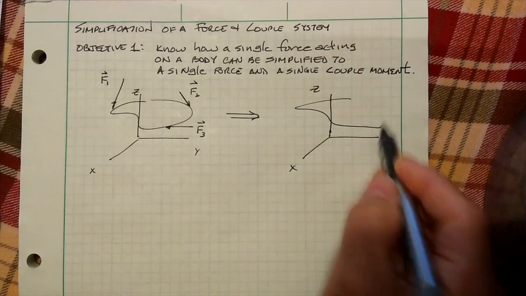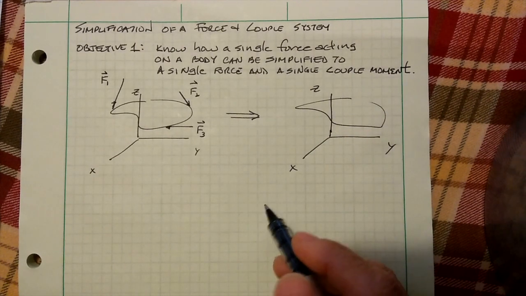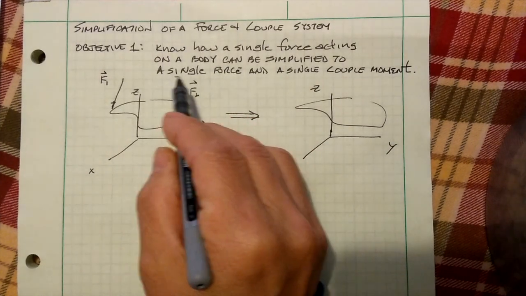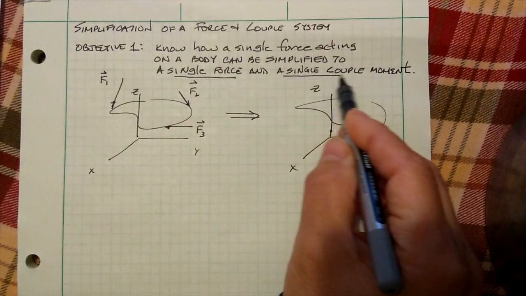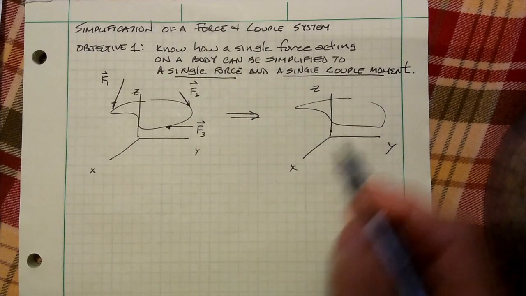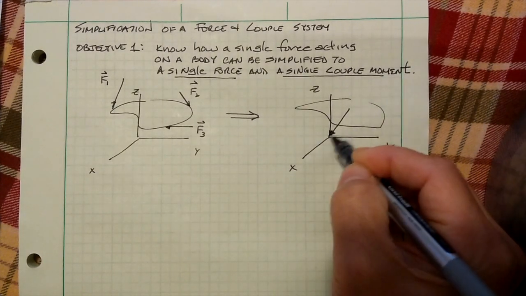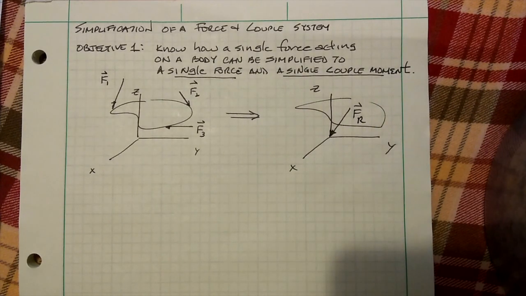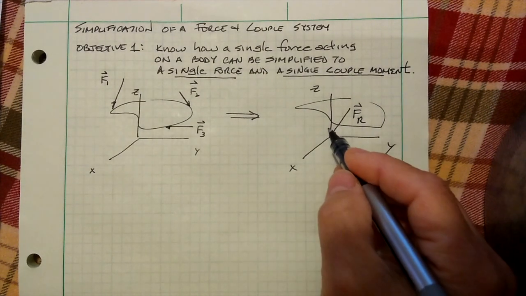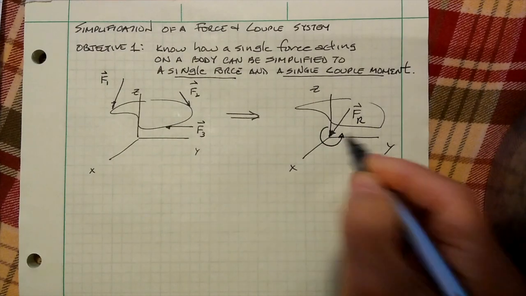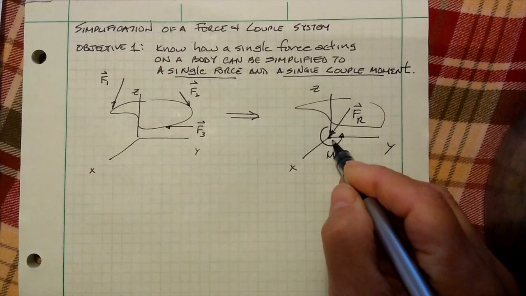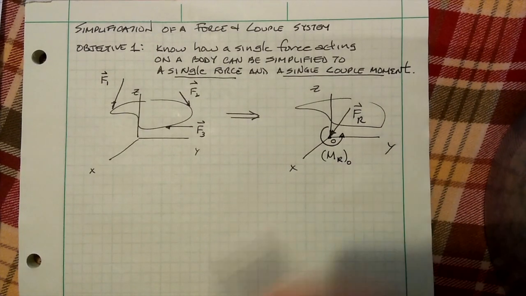Meaning, here's that same body again. So can these forces be represented as a single force and a single couple moment? Meaning, can we somehow reduce those three forces to a single resultant force and a couple moment, MR, that acts at point O?